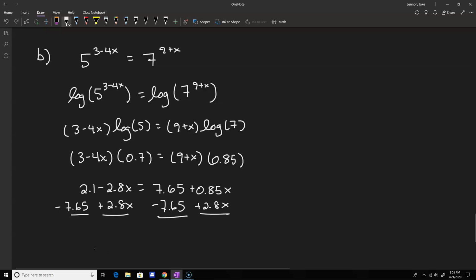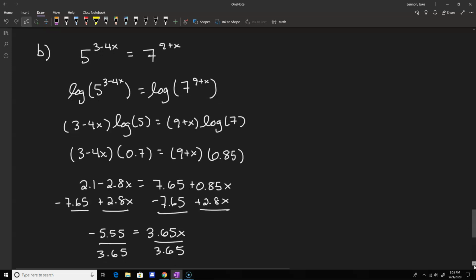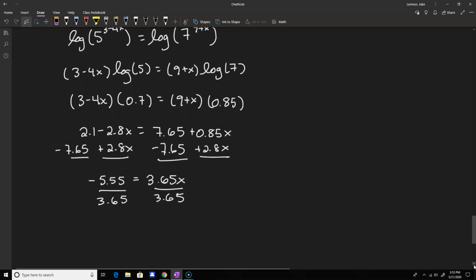So I end up with minus 5.55 equals 3.65x. And we just divide on both sides by 3.65. And if we approximate x, it's about negative 1.52 there.